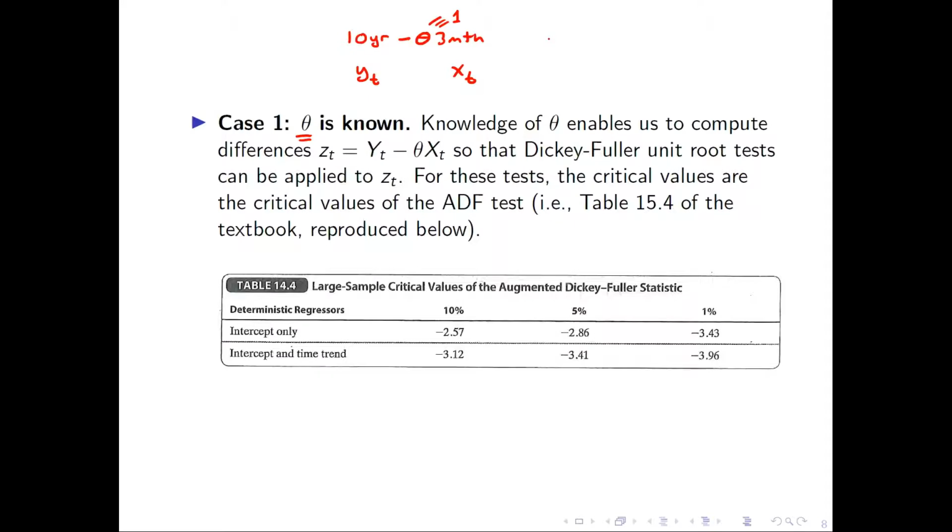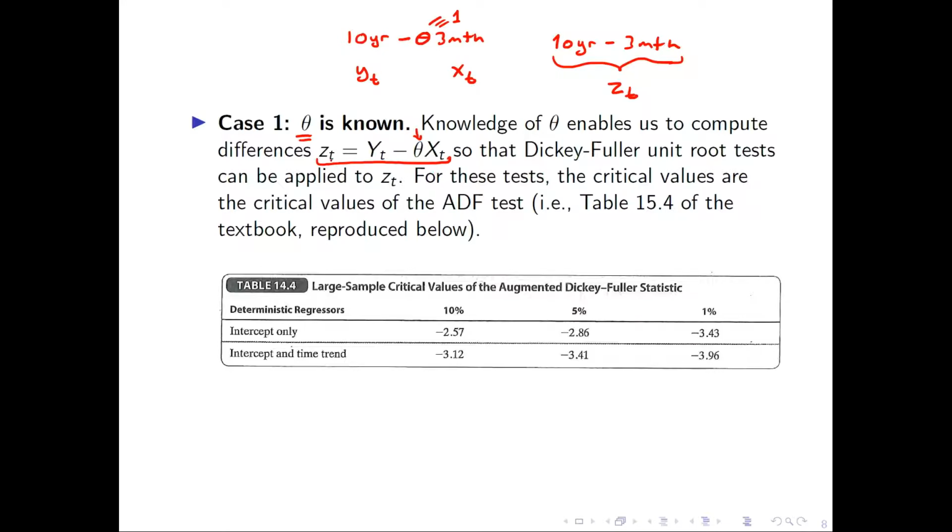So we can just take the difference between the 10-year and the 3-month interest rate, and we would get a new variable, which is zt. In this case, theta was set equal to 1 because of the underlying financial theory. But you can make this difference with any known value of theta according to which variables you investigate.